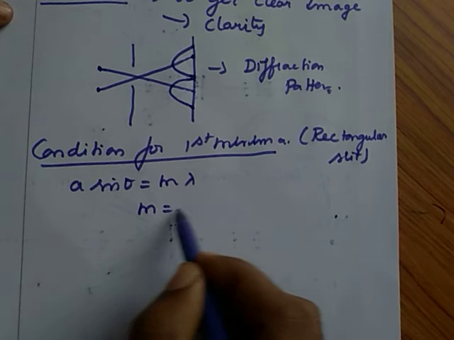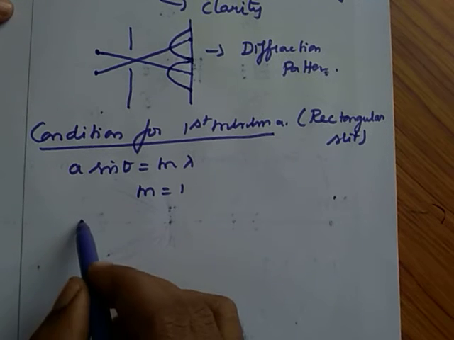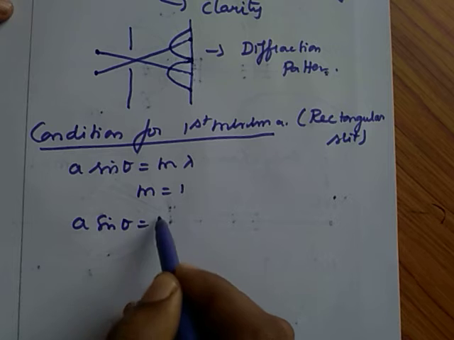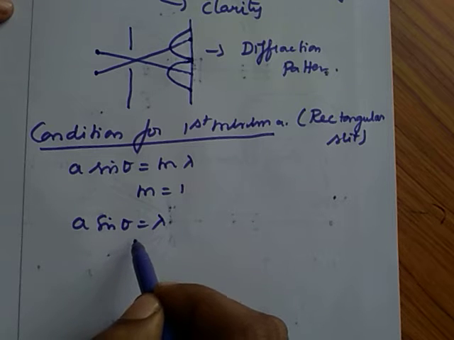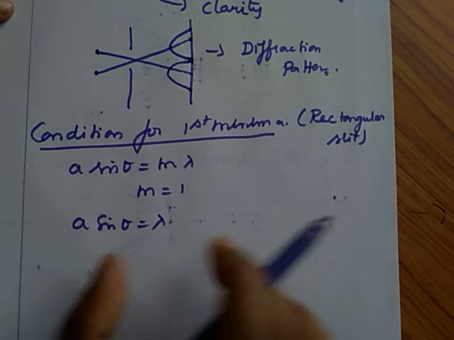For the first minima, m is equal to 1, so we can write a sin theta equals lambda. Here it is only for the rectangular slit.